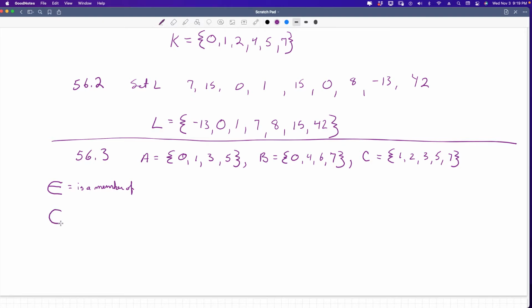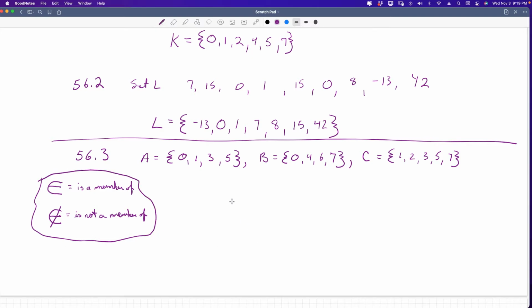And there's another little symbol that looks like this with a line through it, and that means "is not a member of." You're going to want to put that in your notes.